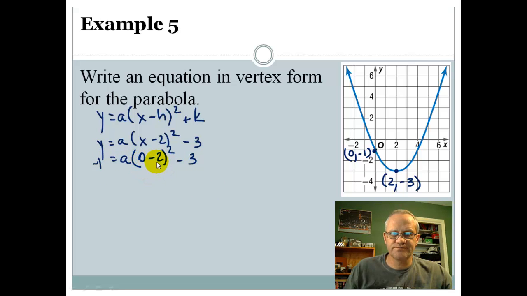0 minus 2 is -2, and we square it. -2 squared is 4, right? So a times 4, or 4a. I'm going to rewrite this to make it look better. That's really 4a - 3 = -1. And now it's just solving an equation like we've done hundreds of times.